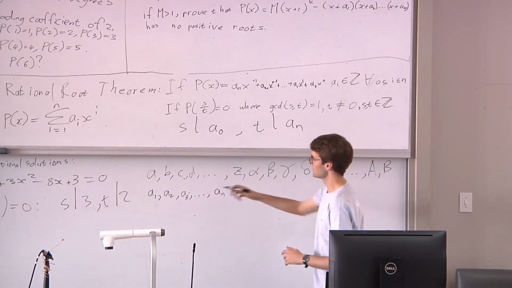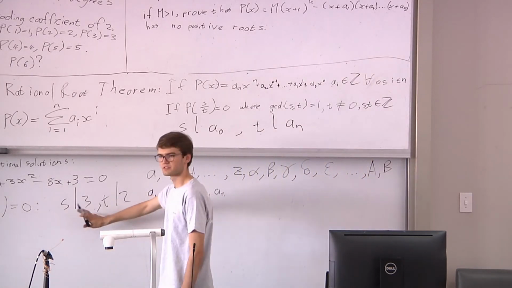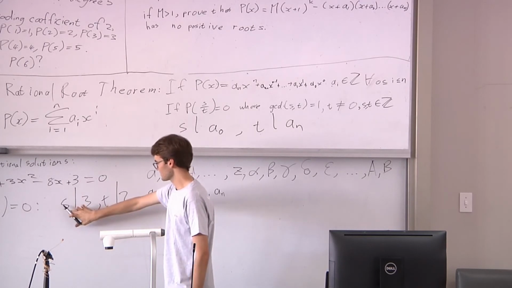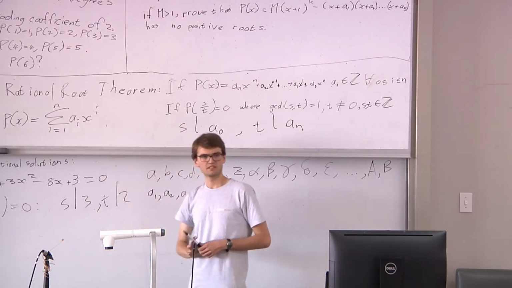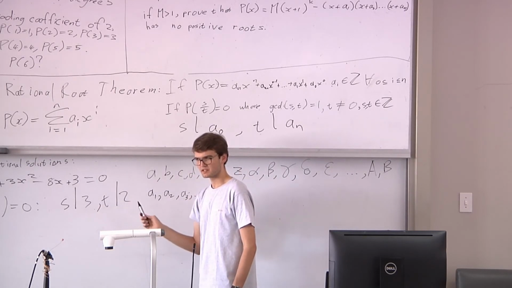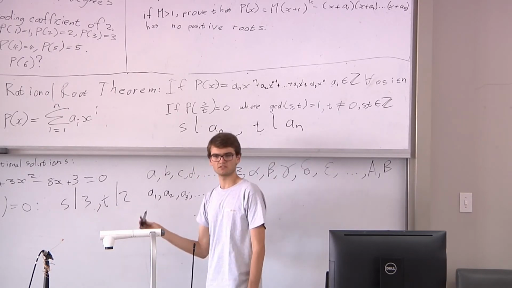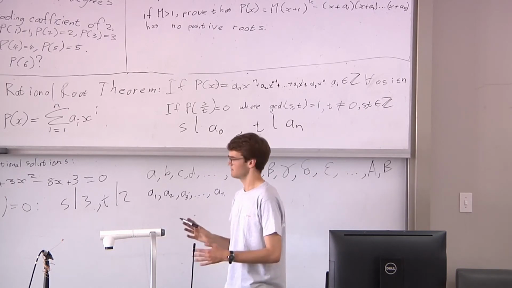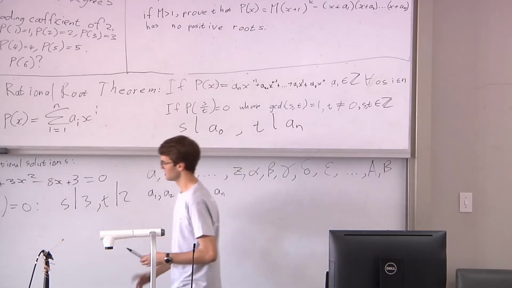Next up, we can go further with this, because we know that S is an integer and T is also an integer. It has to be a factor of those two things, but there are only so many factors of those two things. So there's finitely many values that S and T could be.